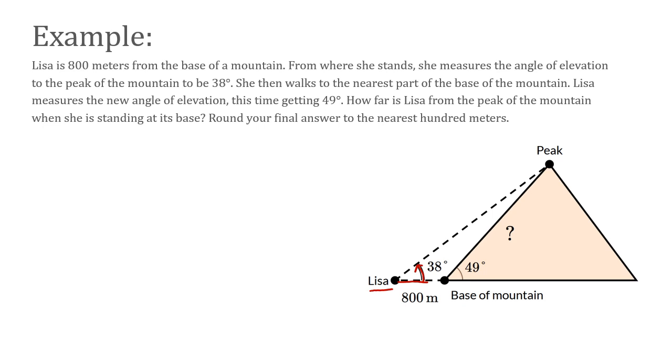She then walks 800 meters till she hits the base of the mountain, and she looks out at the horizontal again and up for an angle of elevation of 49 degrees. We are being asked to find, there's a question mark on this image, and so I'm going to call that X.